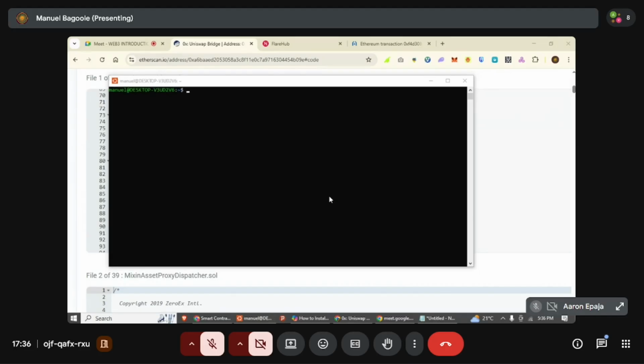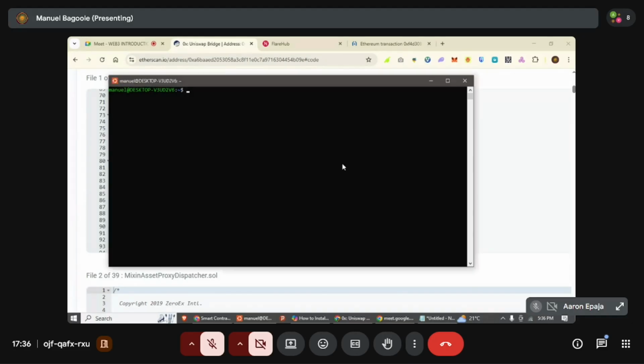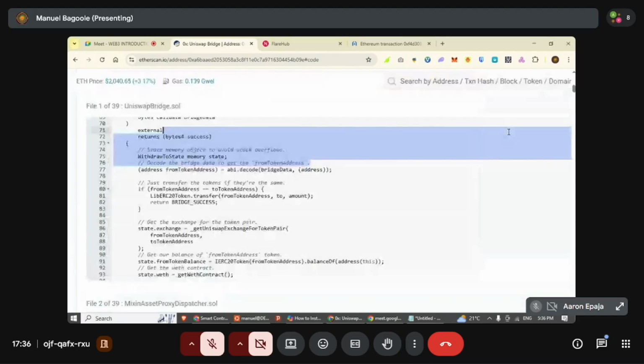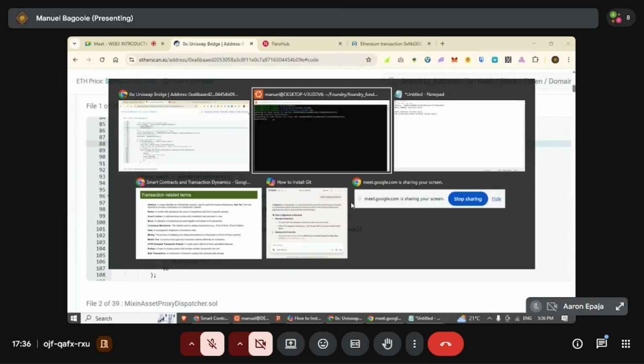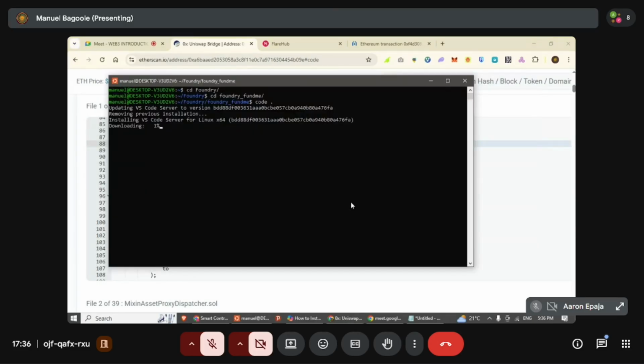So with frameworks like Hardhat and Foundry, you can test your smart contracts. Let me see if I could show you something here. With Foundry, you can test smart contracts. You'd have to pick all this logic, or maybe query it through your framework right here.